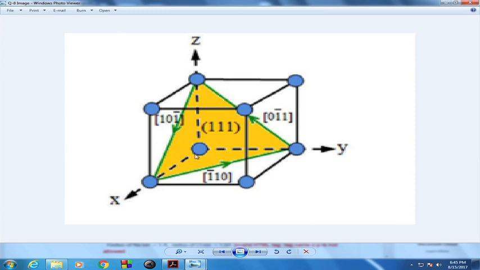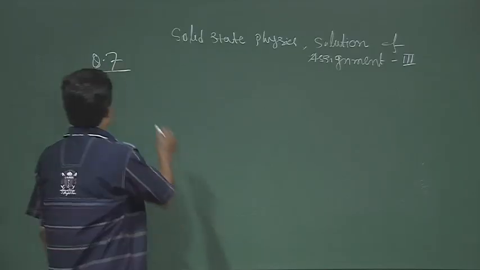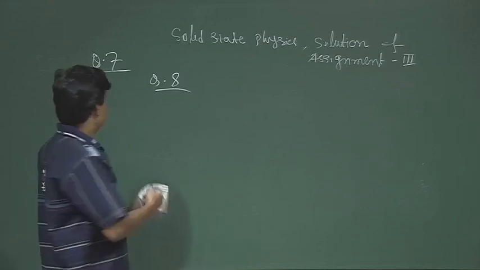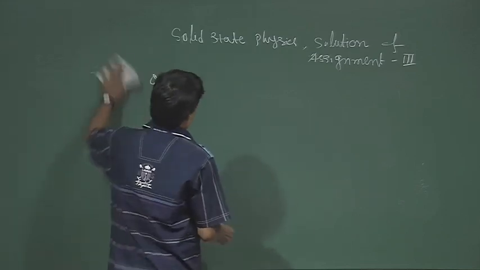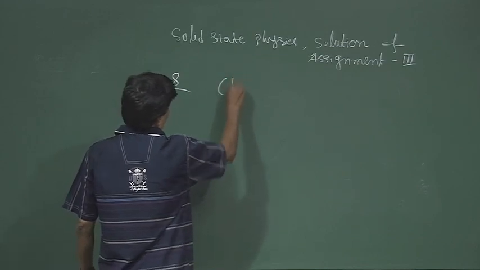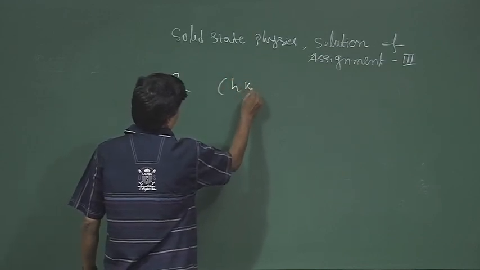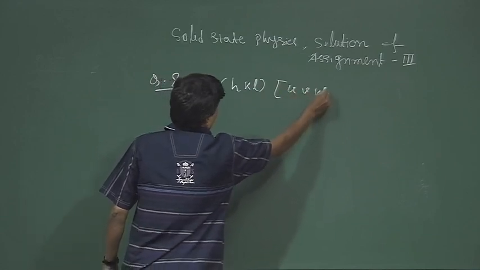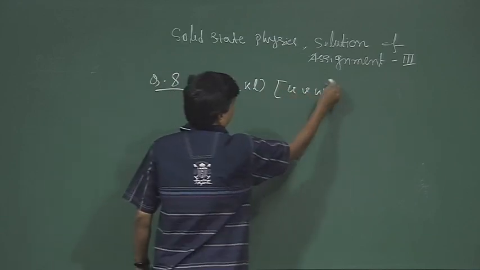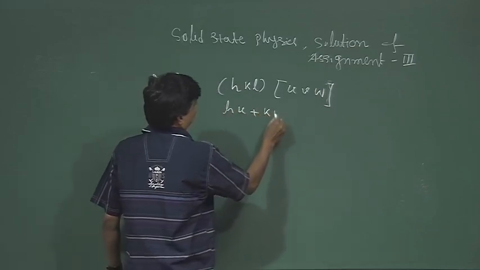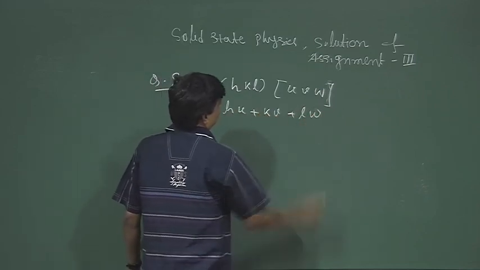Alternately, you may also see that your answer is correct. How? You know that if it is lying in the same plane, say HKL is the miller indices and say UVW is the direction as I have written in the third bracket, then HU plus KV plus LW gives 0.